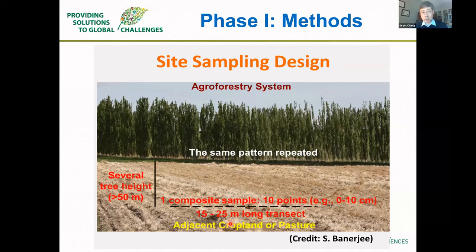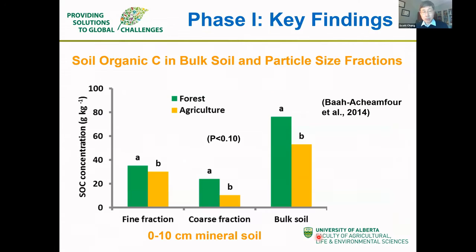Within each of these land use systems, we did a transect, and along the transect we sampled multiple points and formed a composite sample for analysis of soil carbon and different carbon fractions, as well as setting up plots for installation of greenhouse gas chambers for greenhouse gas measurement. The first result I'm going to share with you is about soil carbon.